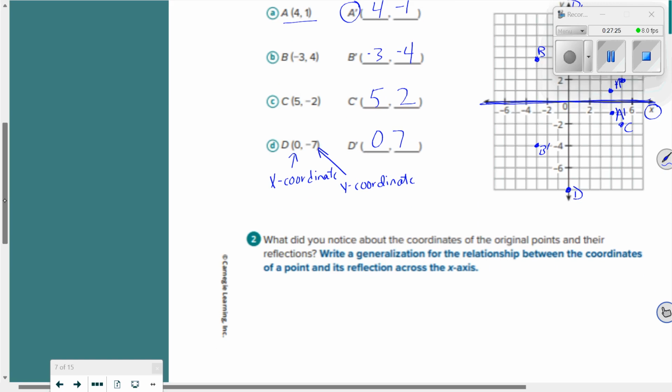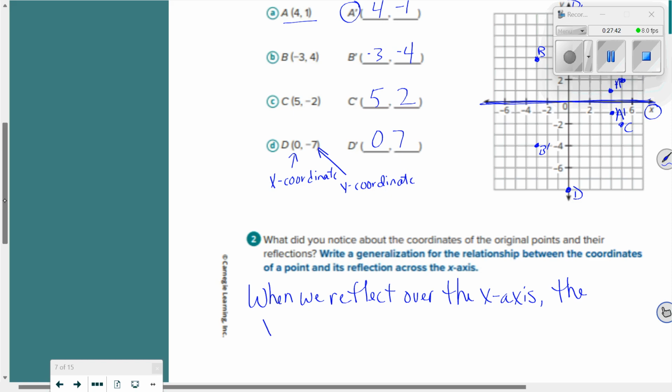So when we reflect over the x-axis, what happened to the x-coordinate? It stayed the same.